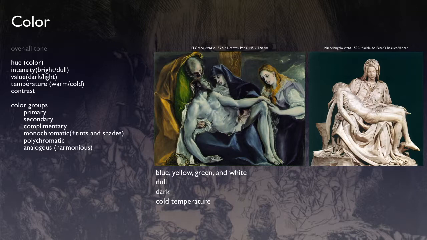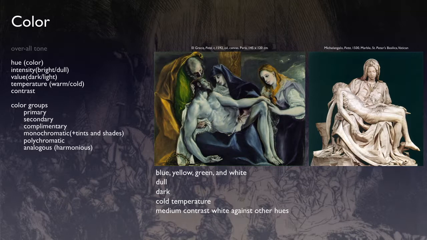The brightest part of the painting is the body of Christ against the blue robe of Mary, which gives a great contrast. When I'm making my analysis, I wouldn't just say blue, yellow, green, white. I would discuss how all of the colors are dull, giving an overall dull tone, and then listing the blues and the yellows and the greens that are dull and where they are located.